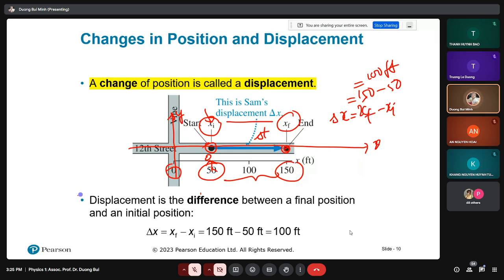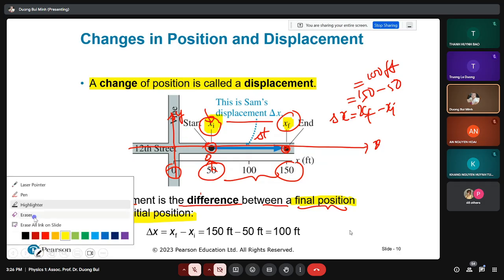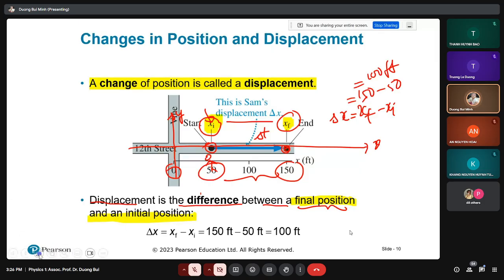So what is displacement? Displacement is the difference between a final position and an initial position. When we mention displacement, you should consider a coordinate system, xy coordinates.